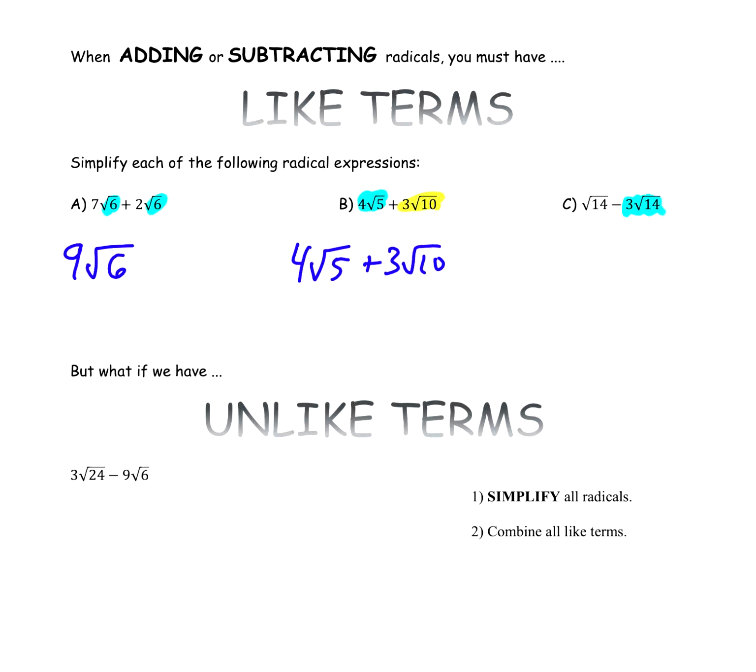So radical 14 minus 3 radical 14, we subtract the coefficients. Remember, what's the number in front of that first term? What's the number in front of rad 14? It's really 1. So we're doing 1 minus 3 to get negative 2. So our coefficient would be negative 2 radical 14.